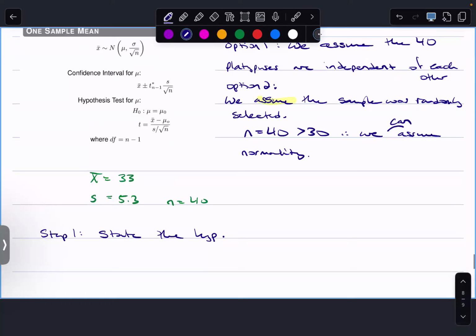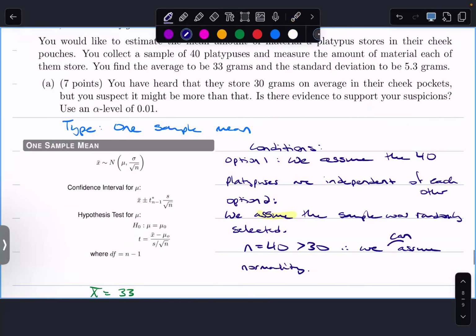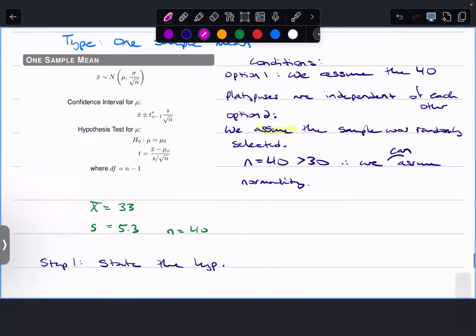From your formula sheet, it's going to look like H naught is mu is equal to mu naught, where that mu naught is the number that I want to compare my sample mean to, right? And so here, this 30 means my mu naught is 30, the number I want to compare my sample mean to.